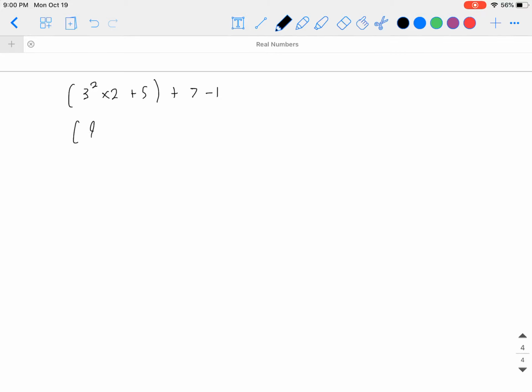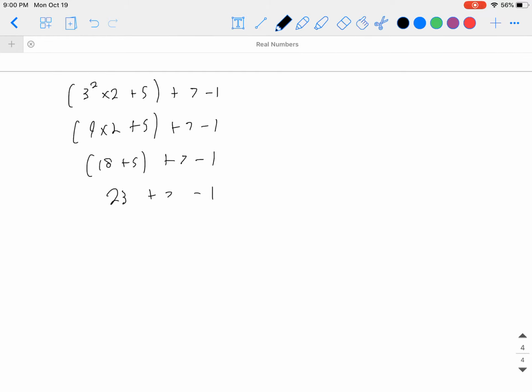So we will get 9 times 2 plus 5, plus 7 minus 1. In the parentheses again, we have multiplication and addition. So we start with multiplication, and we get 18 plus 5, plus 7 minus 1. Finally, we have addition in the parentheses, so we get 23 plus 7 minus 1.